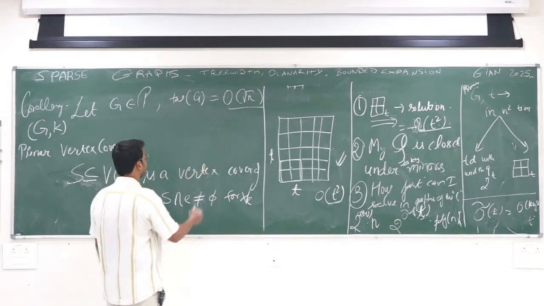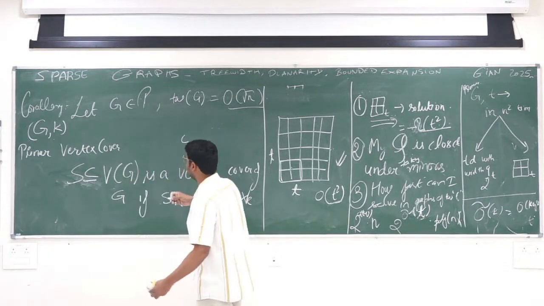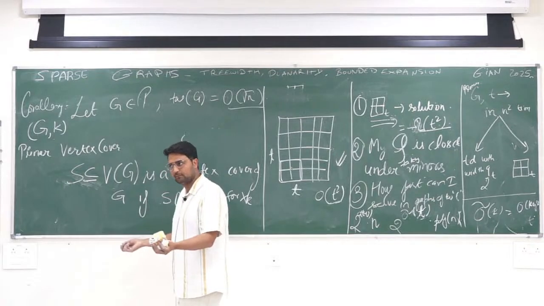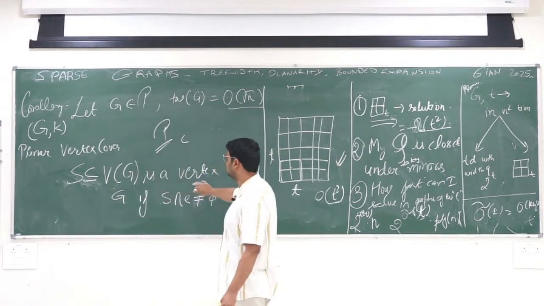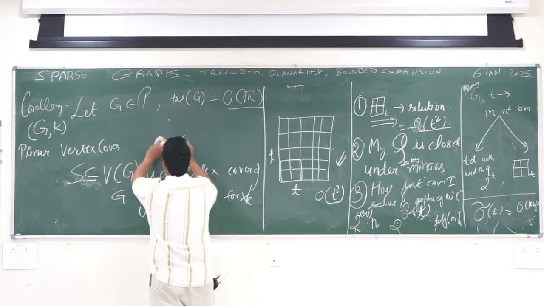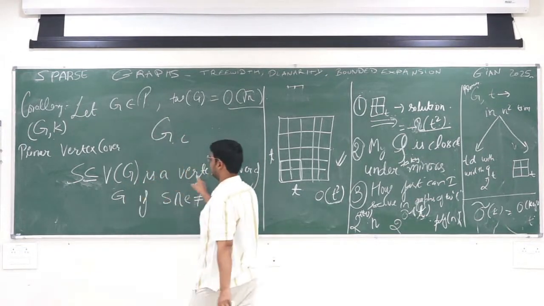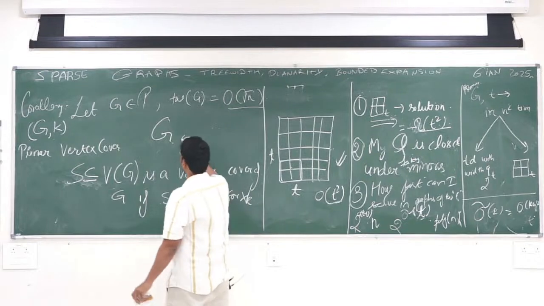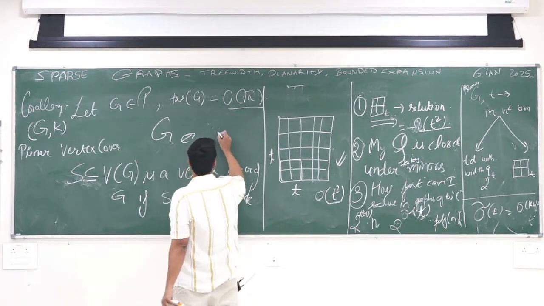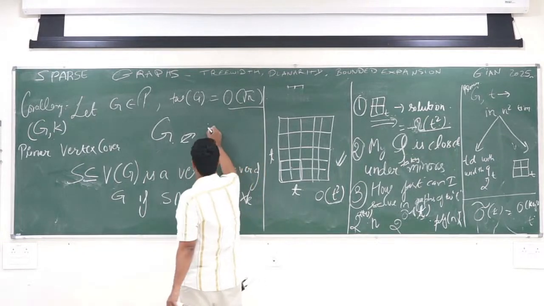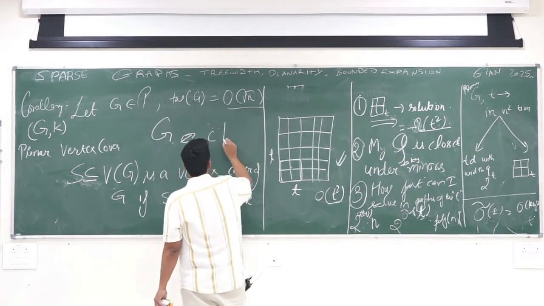For some constant c, I have a planar graph G on which I want to find whether it contains a vertex cover of size k or not. I ask, does G admit a tree decomposition of size, let's say, a constant times square root of k?